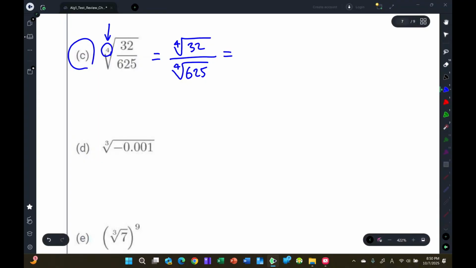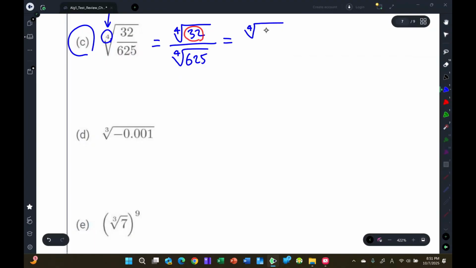Now, what's the biggest 4th power that goes into 32? 32 itself is not a 4th power of something, but 16 goes in there. 16 is the 4th power of 2, isn't it? So 2 to the 4th power, which is 16, times 2 is 32.